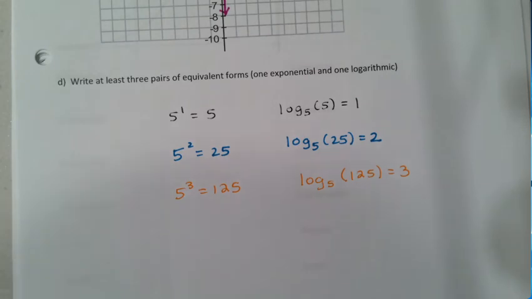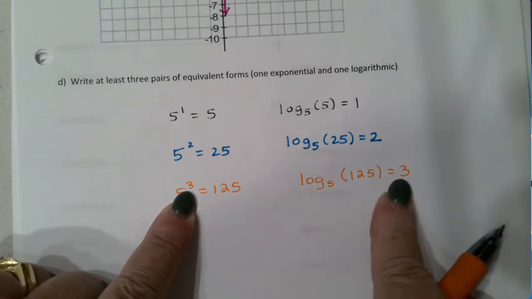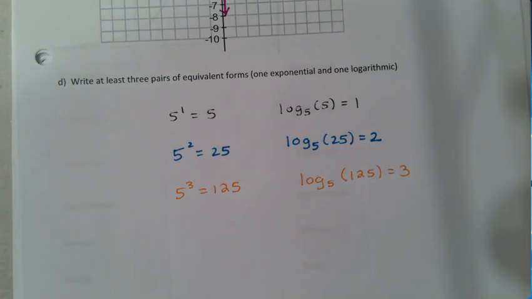Now once again, these are really saying the same thing. The base is 5. It takes a third power to give 125. So the statements are really equivalent. They're just stated in a different order, if that makes sense.